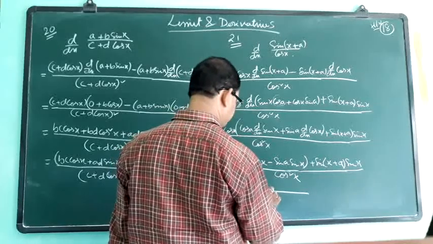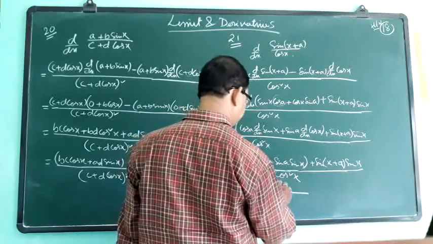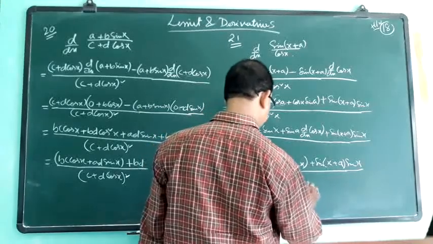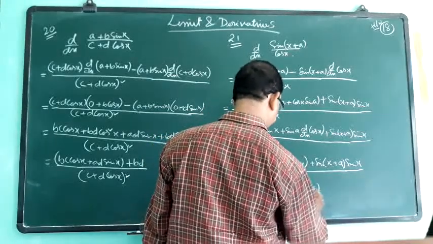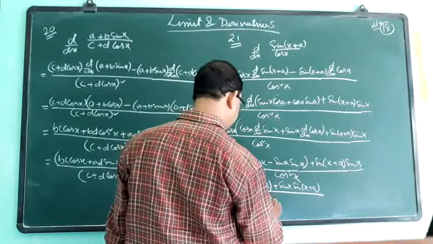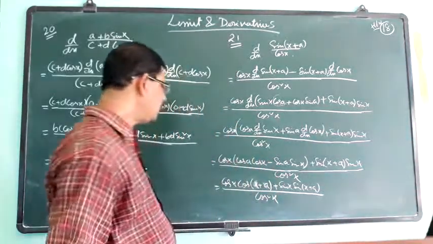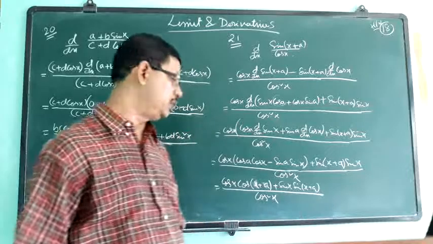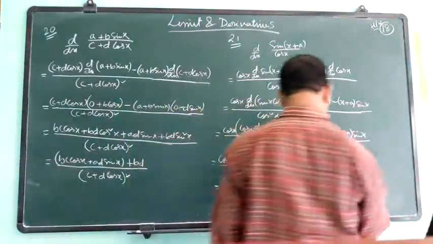I prefer this one, plus sin x plus a, whole thing divided by cos square x. Now again you see that cos a cos b minus sin a sin b. So what can we write here?